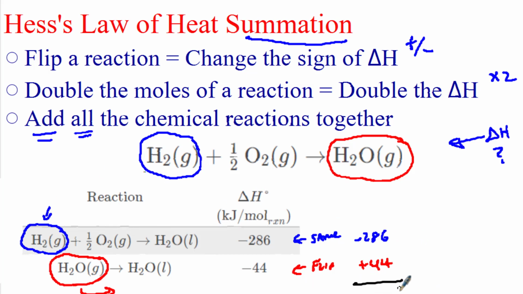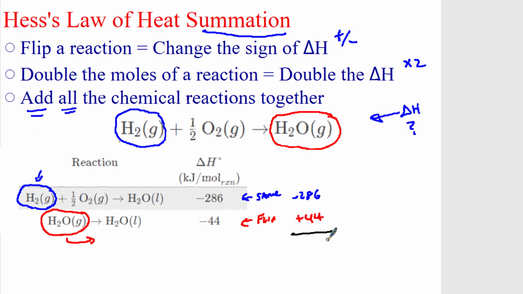Can you guess what we're going to do with these two delta H's? We're just going to add them up. So negative 286 plus 44 ends up giving me a delta H for this reaction up here of negative 242 kilojoules per mole, which means it's an exothermic reaction.